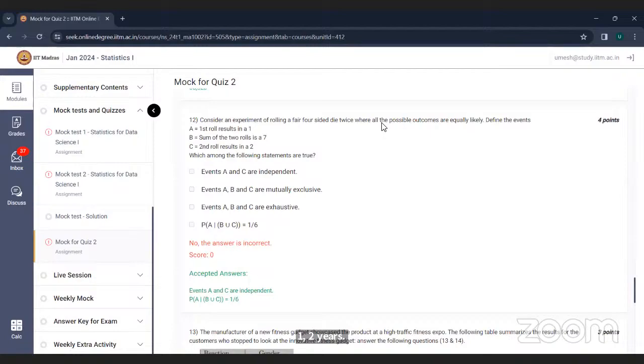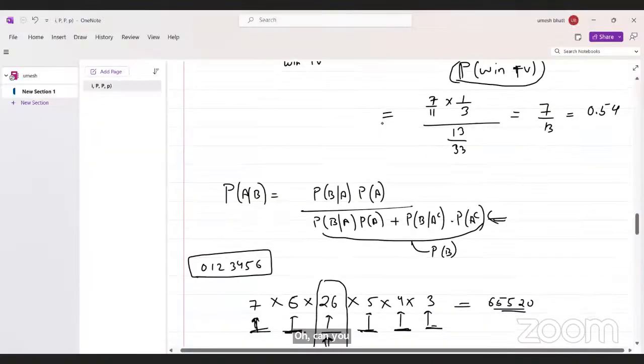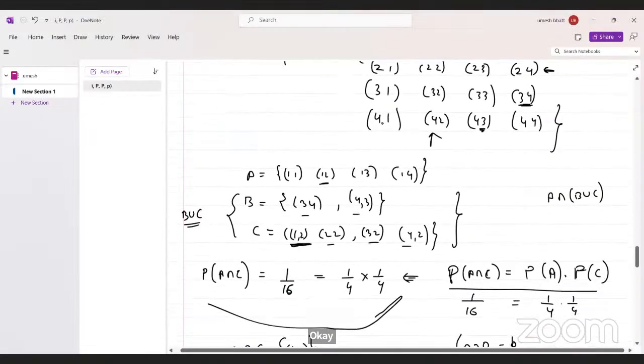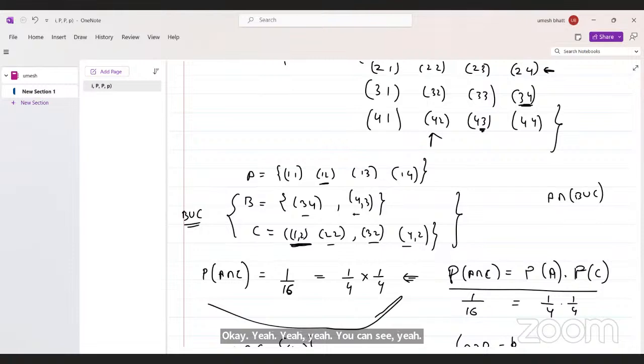Can you show the notes, sir, where we have written? You can see here. These are my A, B, C. Now what is the intersection of A and C? 1 2. By intuition it is obvious that if you got 1 in the first roll and 2 in the second roll, the intersection is this only.